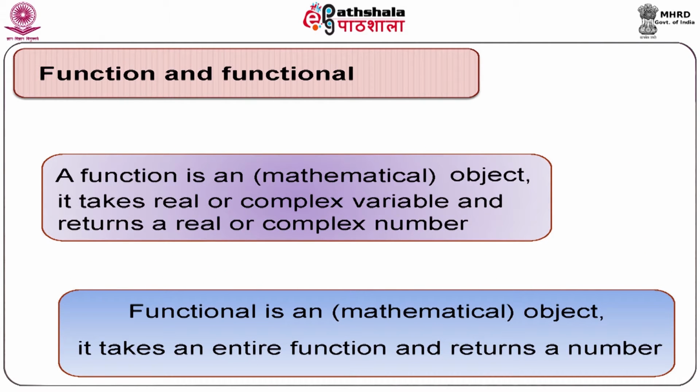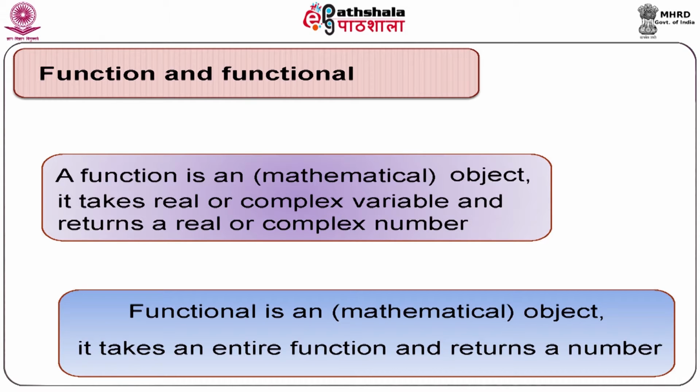Now, we shall discuss function and functional and their difference. A function is a mathematical object which takes a real or complex variable or several variables of such types and returns a real or complex number.